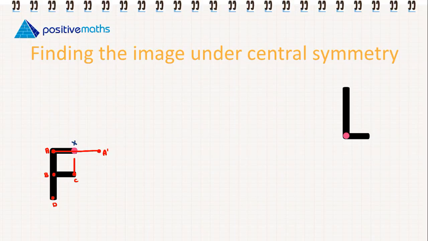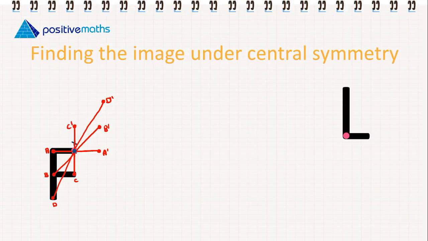We're going to get A dash, C dash, B dash, and D dash.